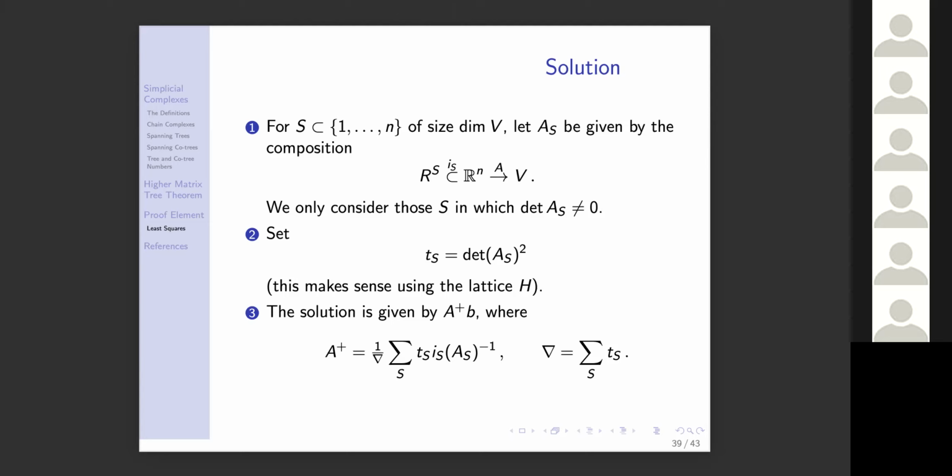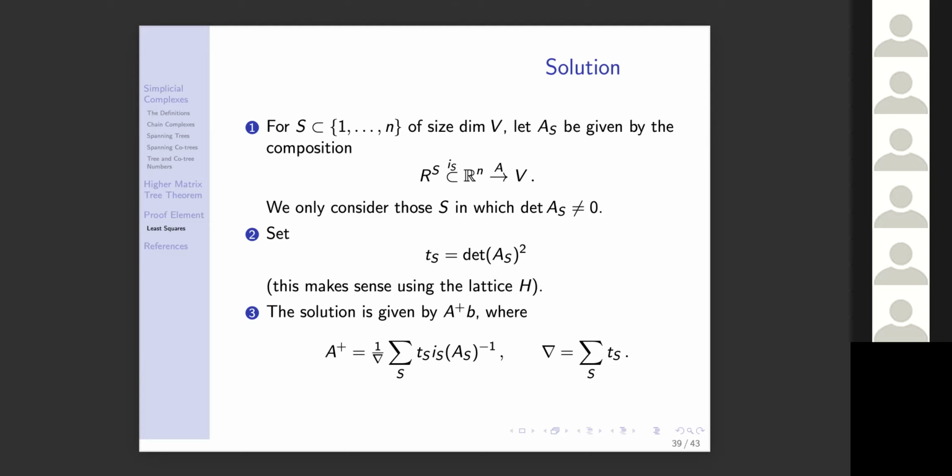Okay, so then the solution of my original least squares problem is given by the following notation. It's A plus of B, where A plus is the following linear transformation. I take the inverse of A sub S, which is a linear transformation from V to R^S, the vector space R^S.